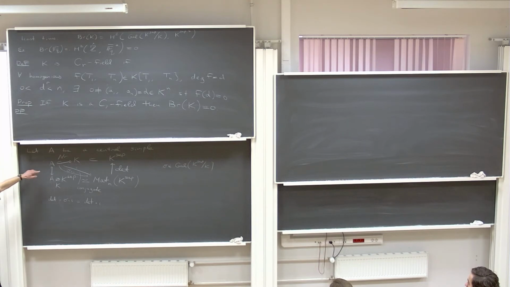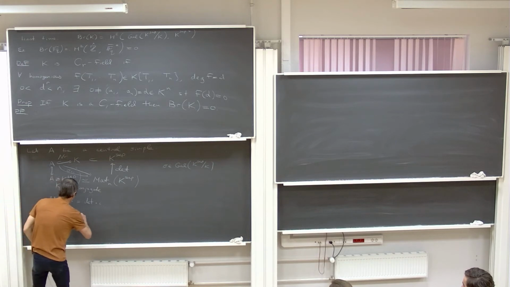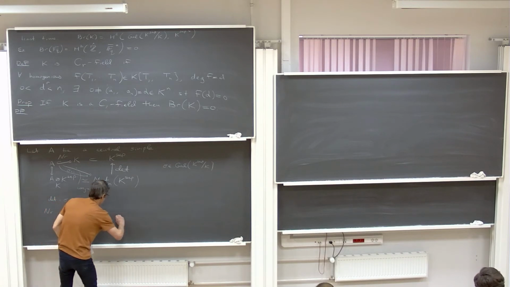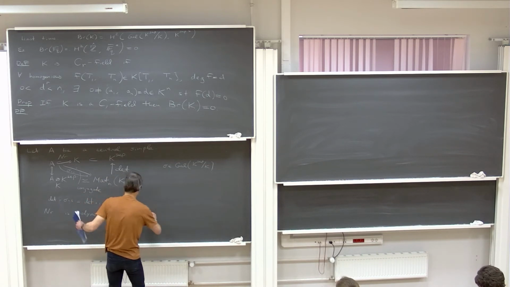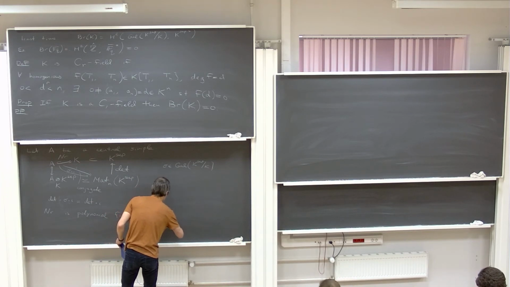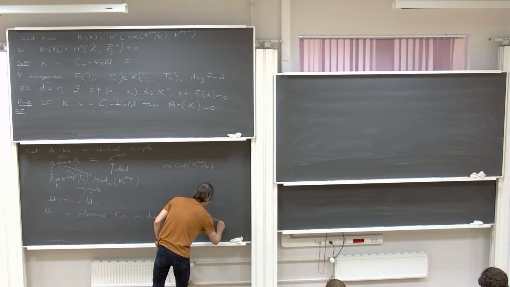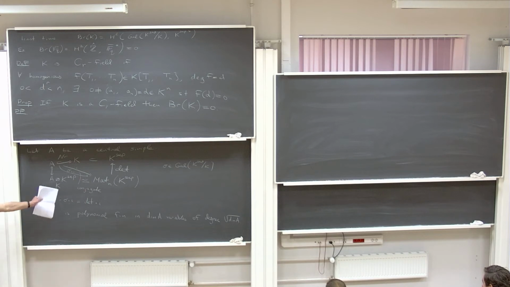And you see that the norm map is a polynomial function in dim A variables of degree square root of dim A, which is n.